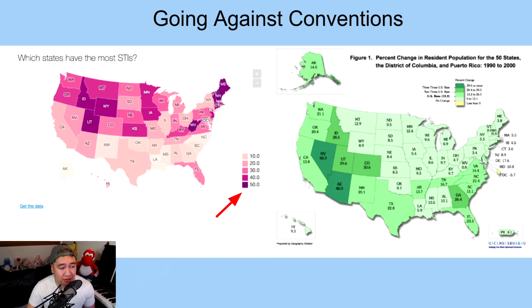This graph shows a percent change in resident population for the 50 states, and they convey it with the color scheme with green, but the darker green means the higher percent change of population. So you can see easily what catches your eye first, probably Nevada and Arizona. They have 3 times the US rate change, or 39.6 or more percentage, as I've shown with that red arrow.